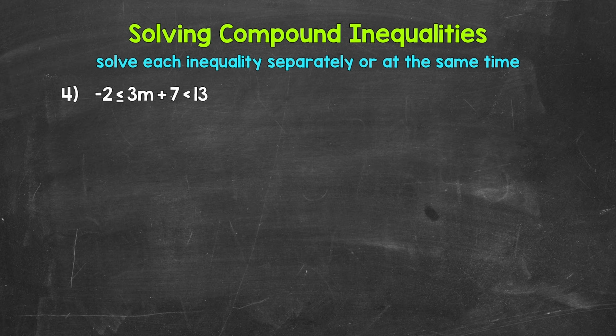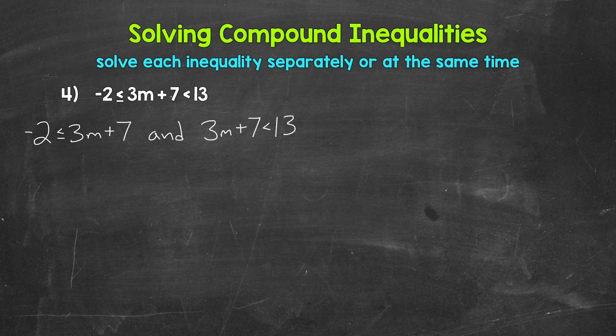Let's start by separating this into the two inequalities that make up the compound inequality and solving each of those. So we have negative 2 is less than or equal to 3m plus 7. And then we will solve 3m plus 7 is less than 13.